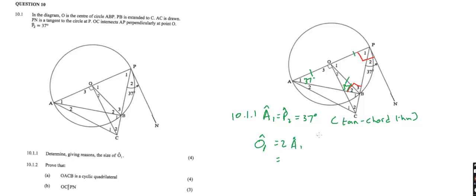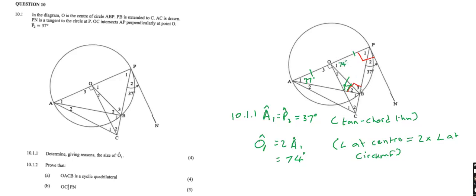So 37 times 2, that's going to be 14 plus 60, which is 74. And the reason is angle at center equals 2 times angle at circumference. And then we are done with finding O1.